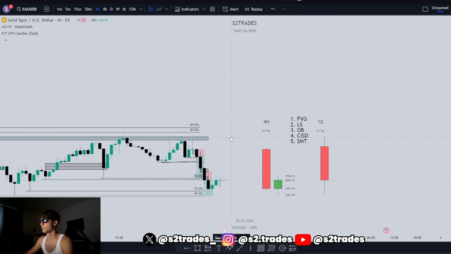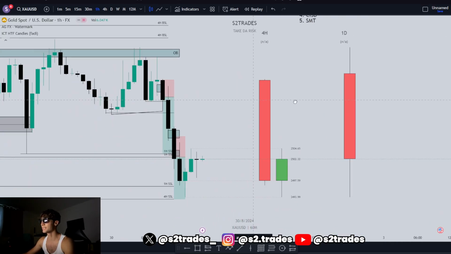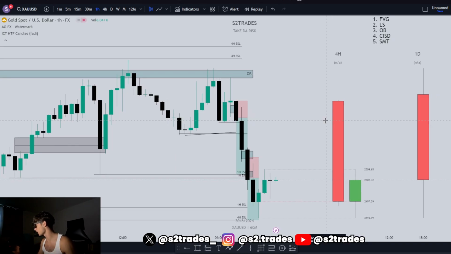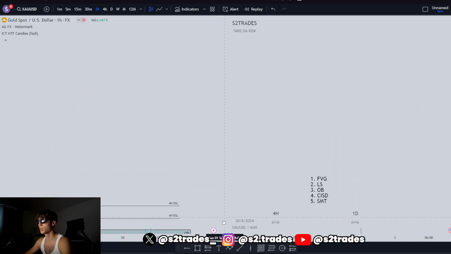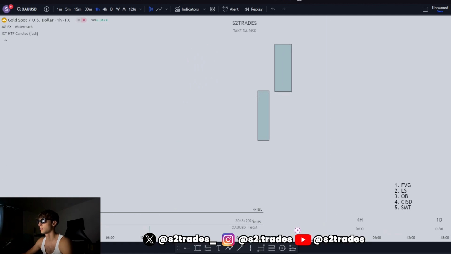Alright, so FVGs. FVGs are three consecutive candles where the wicks make a gap, right? Let me draw it out for you for better understanding. Imagine these are candles. Oops, that's a little fat candle, kind of like some of you guys. I'm just playing. All right, three candles, right?